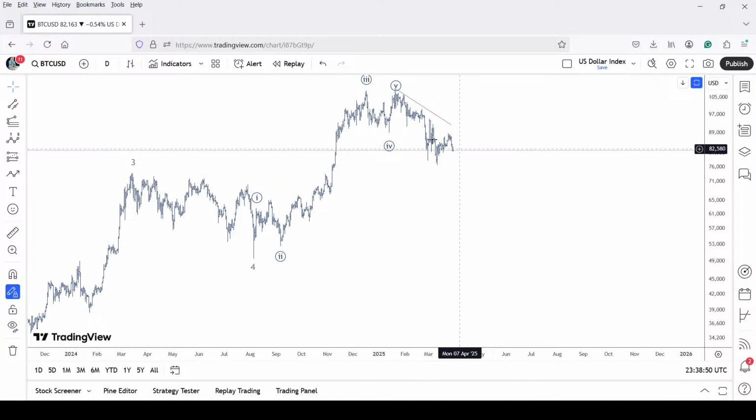But whether we go aggressive long or not, we still have a few days to at least wait until prices reach 95 to go and sell there.